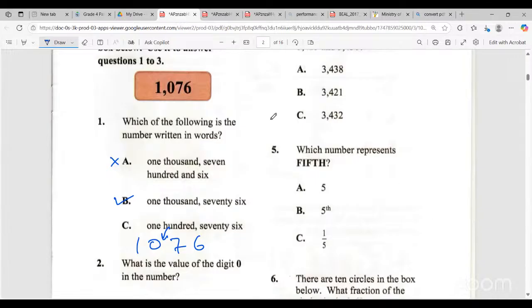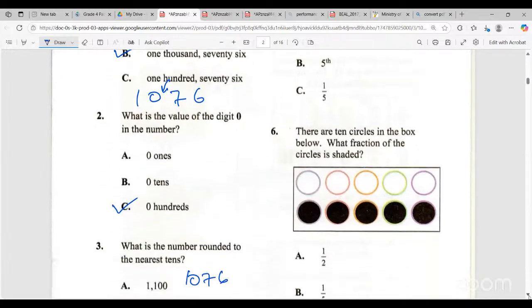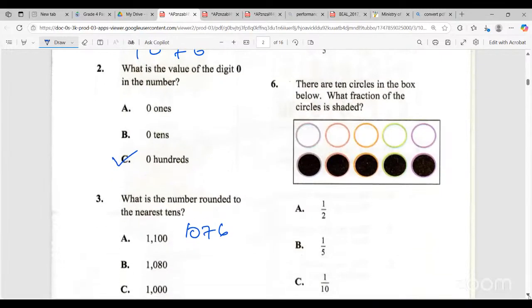Remember, they said that this is for 3 questions, from 1 to 3. So it's the same number they're referring to. And they say, what is a number rounded to the nearest tens?